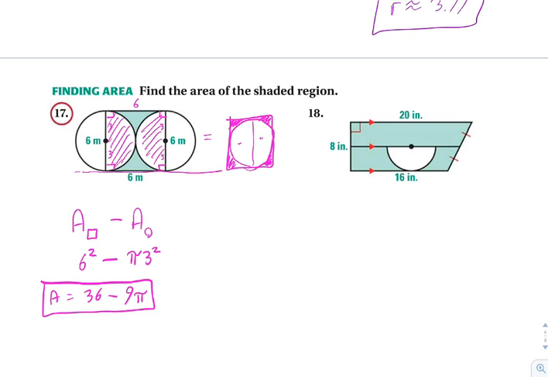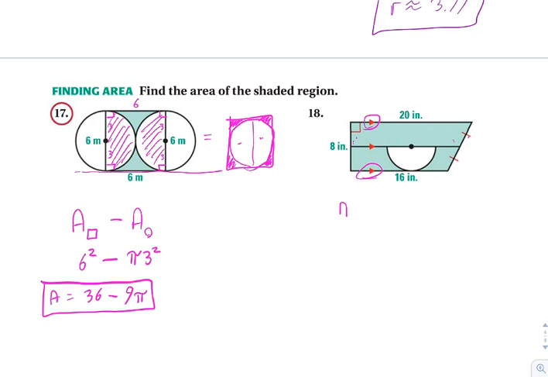Cool problem. So 18 says find the area of this. I noticed that the top side and the bottom side are parallel, and the opposite sides do not appear to be parallel. So this is at least a trapezoid. Maybe it was not drawn to scale and this is a parallelogram or so, but the formula that finds the area of a trapezoid would work for anything with parallel sides or right angles.